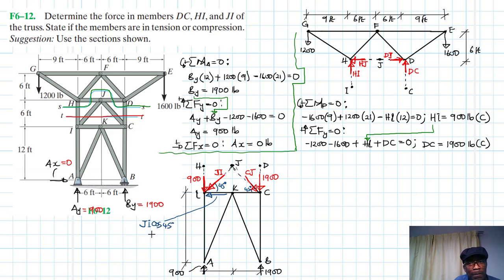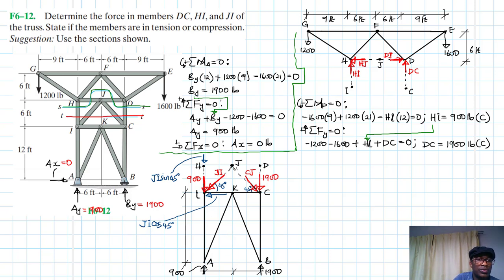And then we'll have another component like this, and this one will be JI sine 45. These are the two components.